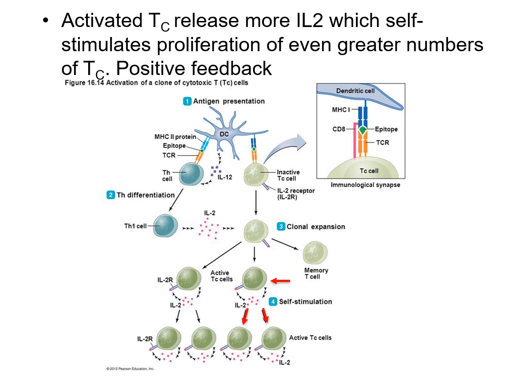Now that they are activated, some of them release interleukin 2, and interleukin 2, through positive feedback, makes even more cytotoxic cells be produced.